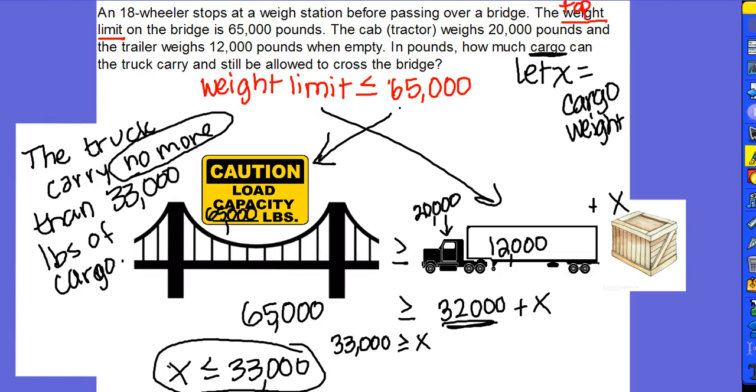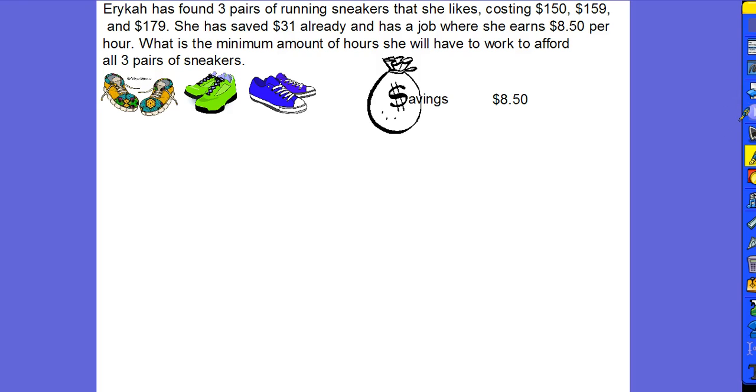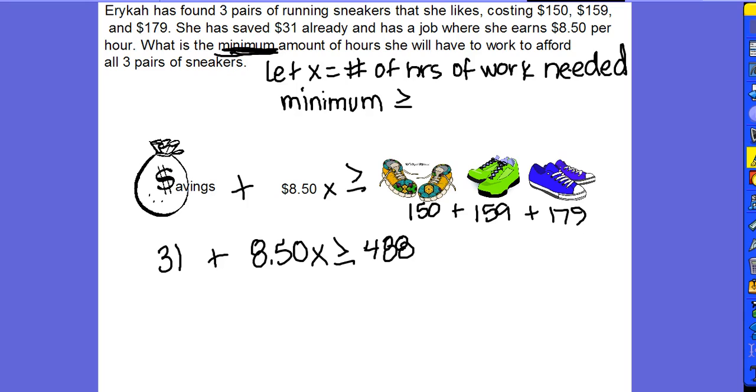All right, your job is now to do this next problem on your own. Okay? And I'm going to ask you for your answer momentarily. So, pausing this. All right, so who wants to tell us the solution? What is the minimum amount of hours that she will have to work? Austin, 54 hours.